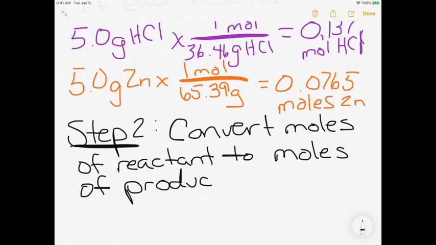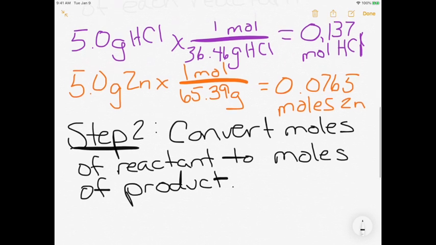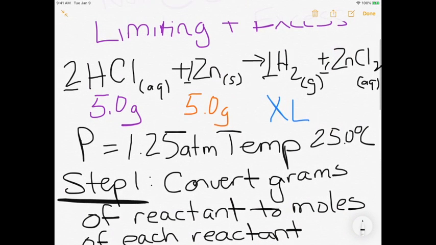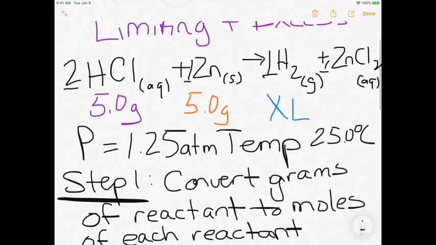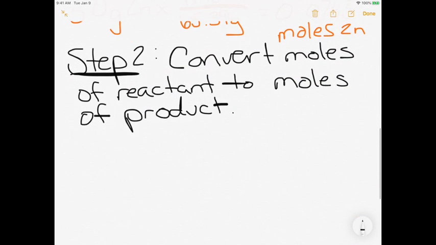We have 2 products that we could go to. However, the only unknown that we want to solve for is hydrogen gas, so we'll just go to hydrogen gas. We don't have to worry about zinc chloride; it would just be our waste product.